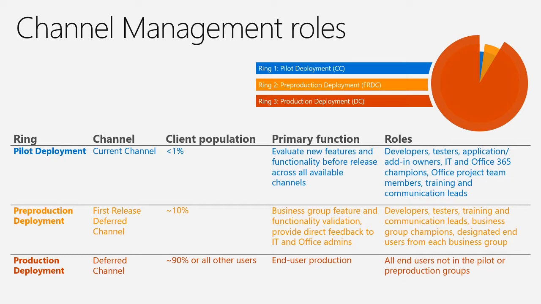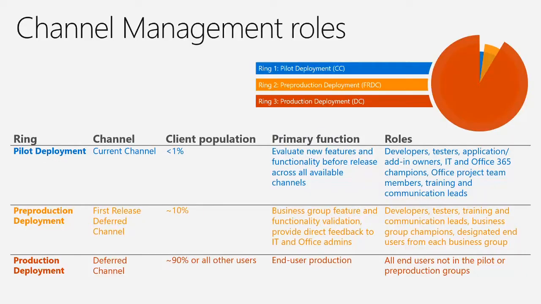I see this feature today. It moves into FRDC. My broad user or my LOB users use it. And then I have time before my DC users. I can validate, does my comms plan work? Does my help desk work, et cetera. So that's how we recommend leveraging different channels, and kind of your point, you want people on different channels so you can kind of organize.